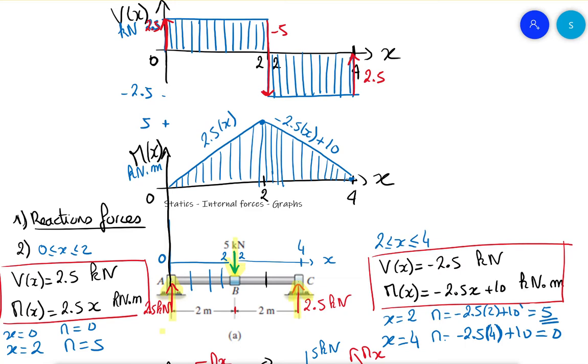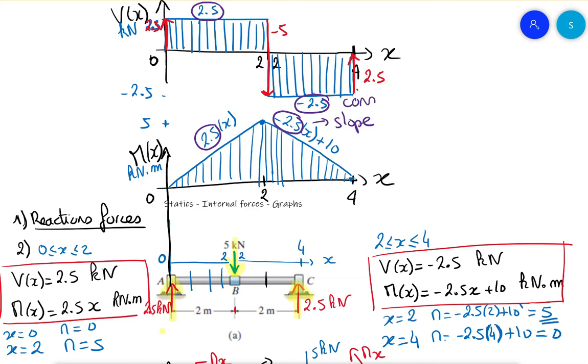Okay. So what we can see now, this is 2.5 and this is minus 2.5. Okay, those 2.5 and 2.5, they are the same, and this one is the same. Okay, so this is the slope and this is the constant.